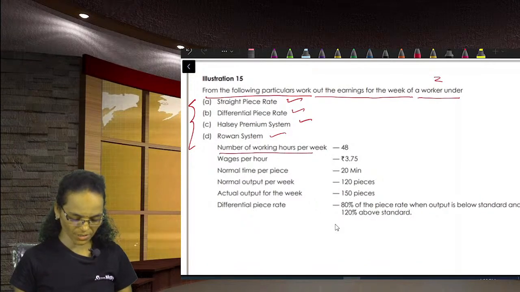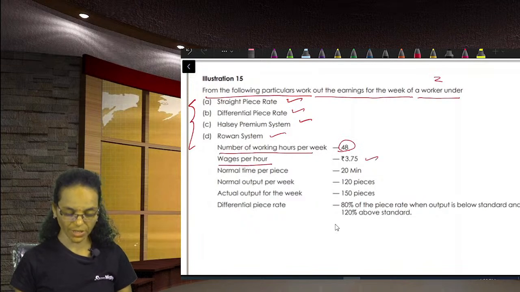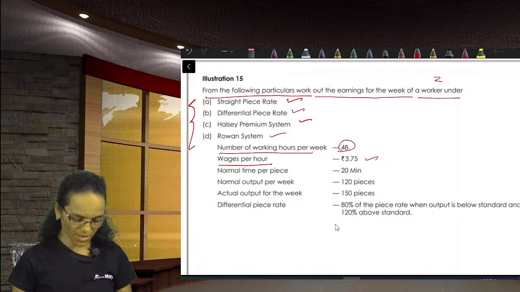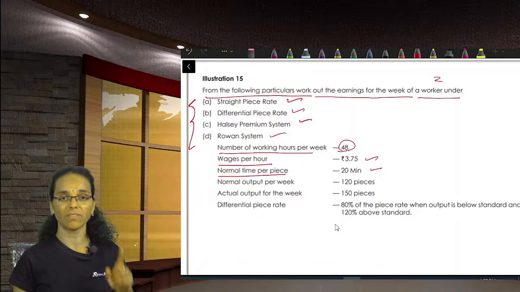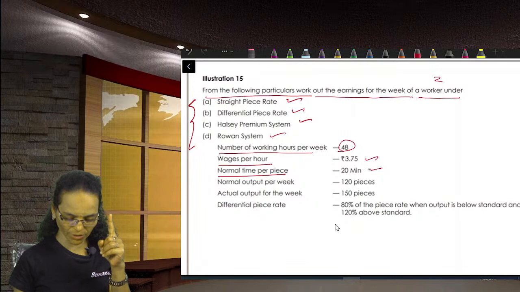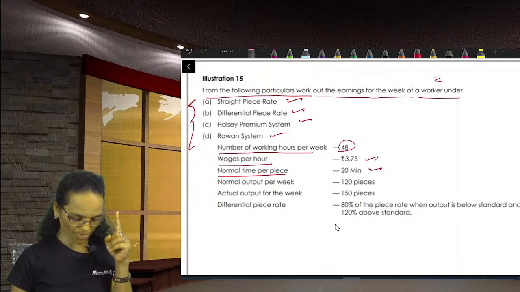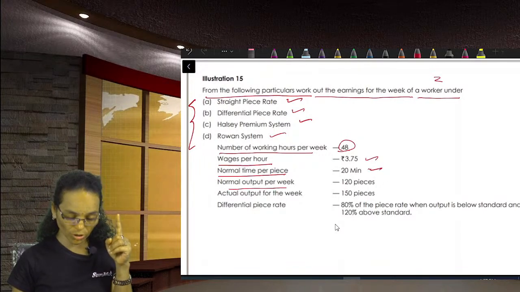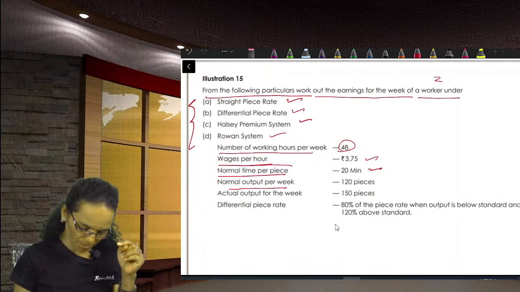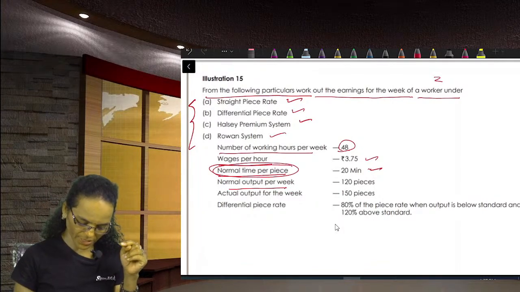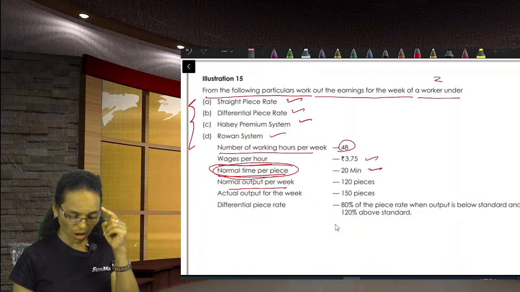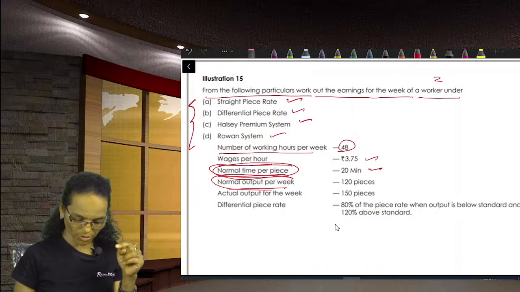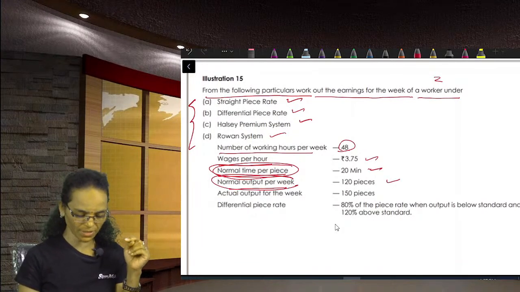Number of working hours per week is given, 48 working hours. Wage per hour is 3.37. Normal time per piece is 20 minutes for producing 1 unit. Normal output per week is given, 120 pieces.